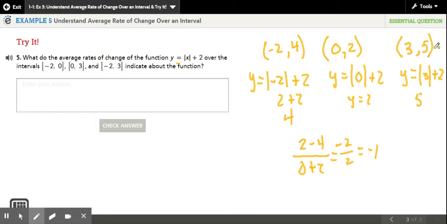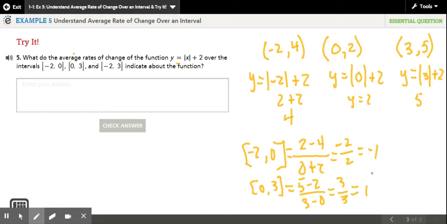So the ordered pair would be 3, 5. The second one's going to be from 0 to 3, so we're talking about this point and this point. So 5 minus 2 over 3 minus 0. So you end up with 3 over 3 which is 1.